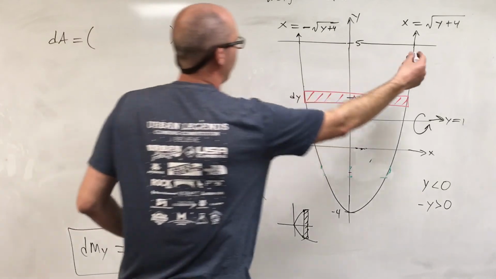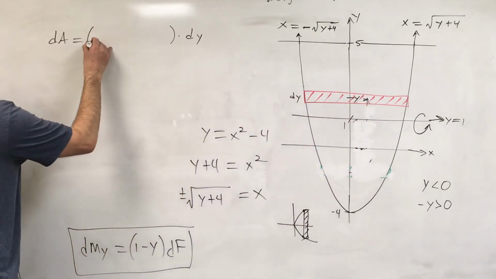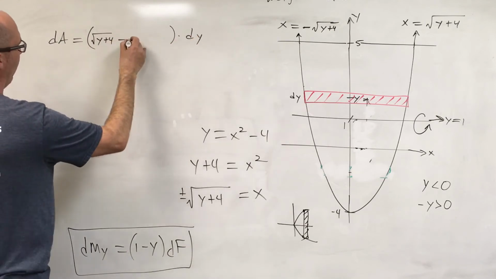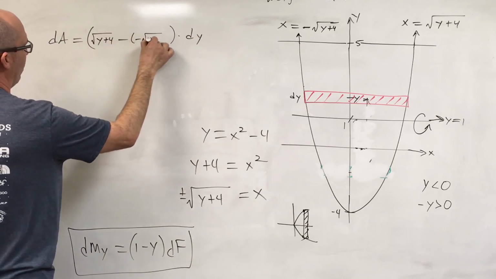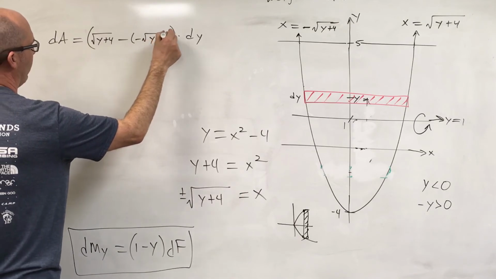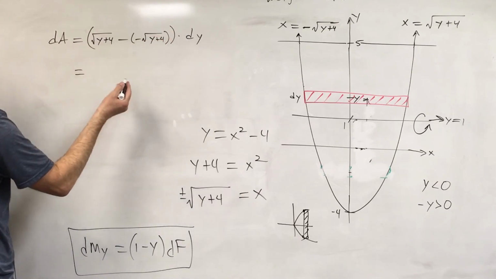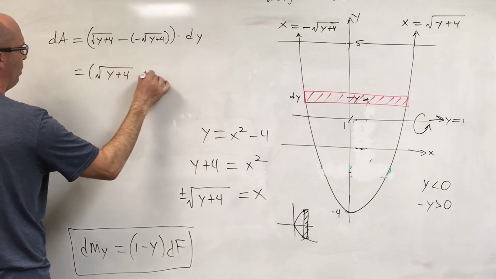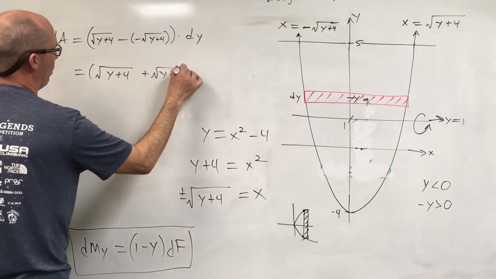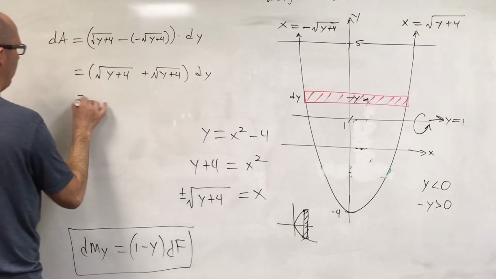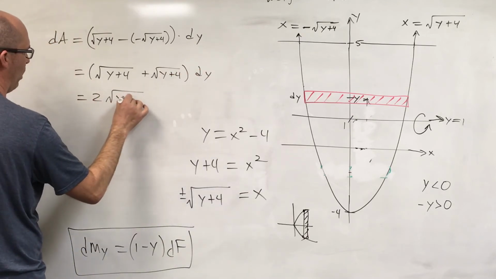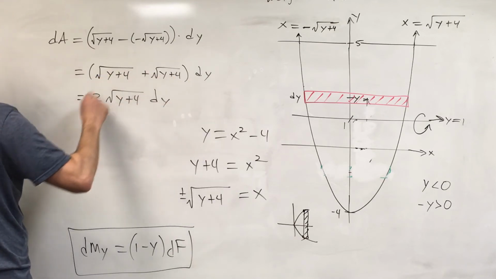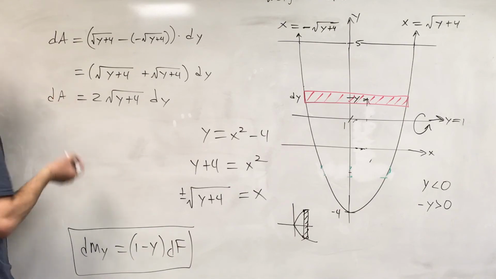So the more to the right, root y plus 4, minus the more to the left, minus root y plus 4. You can see that this is root y plus 4 plus root y plus 4 dy, which is 2 root y plus 4 dy. Combining like terms, we got two of those. Okay, so there's my dA.